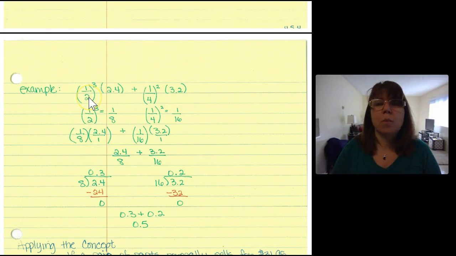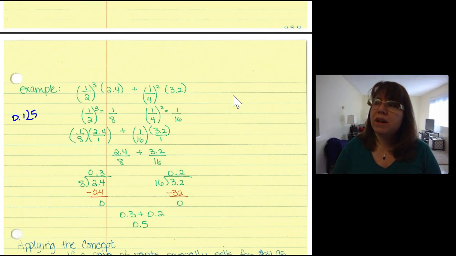1/2 is 0.5. 0.5 times 0.5 times 0.5 is going to be 0.125. And 1/4 is going to be 0.25 as a decimal.